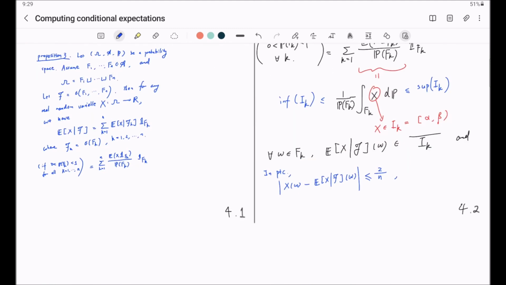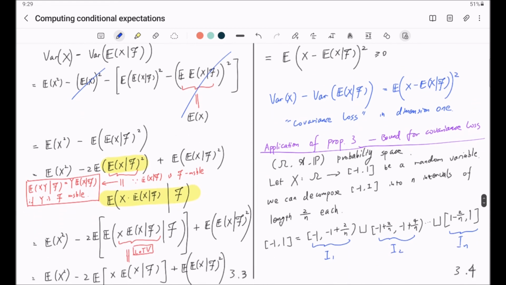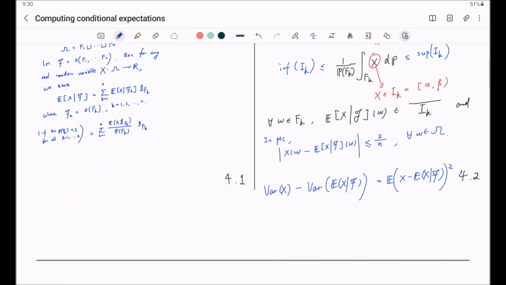And this is true for any omega in capital Omega, because capital Omega is a union of those F sub k's. And remember, we have a covariance loss formula derived above. It immediately follows that this covariance loss is bounded by 4 over n squared in this situation.